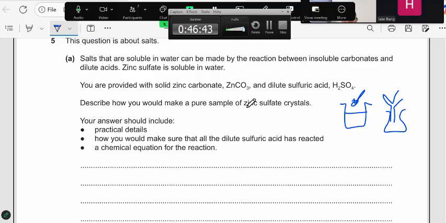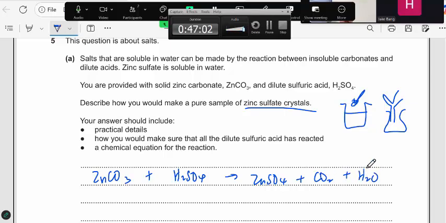How you would make a pure sample of zinc sulfate crystals. Practical details, how you would make sure all the dilutes are extracted. Chemical equation. So we do the chemical equation first. Zinc carbonate plus sulfuric acid, you get zinc sulfate plus carbon dioxide plus water. Okay, that already gives you 2 marks.